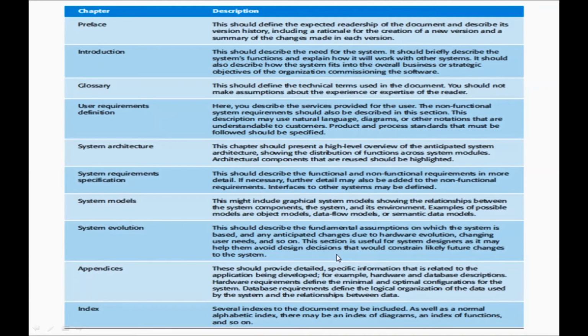If assumptions are there, system designers can see them and take their own decisions based on your assumptions. If assumptions are not specified, they may take the wrong decisions, and it may affect future changes. So if you are making any changes, you can consider that assumption and move accordingly.